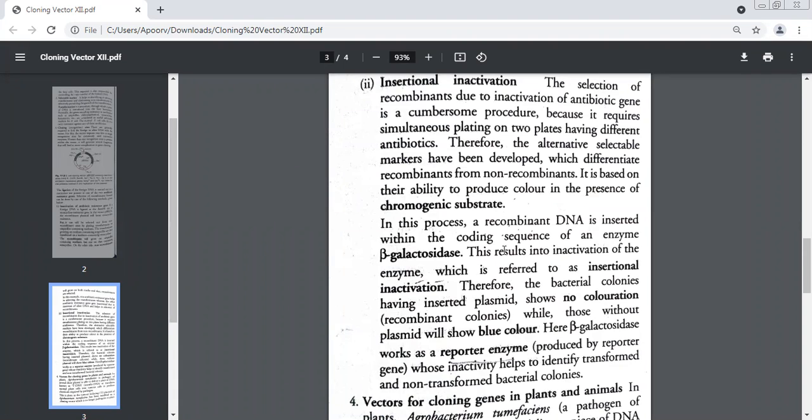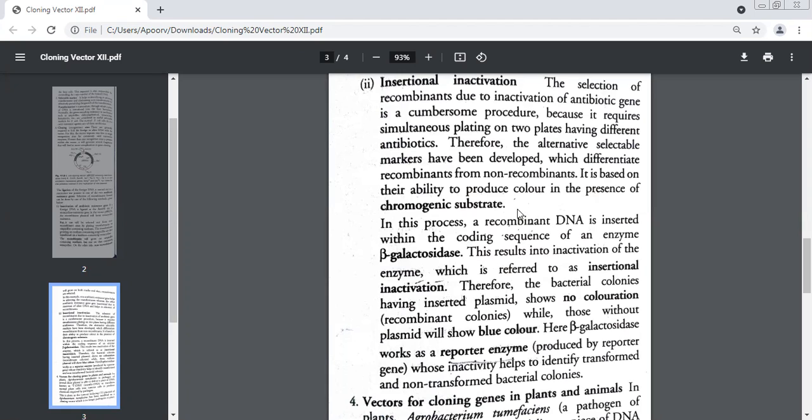So we have taken a foreign DNA and we have attached it to this enzyme. So this enzyme will become inactive. As soon as you attach a recombinant DNA to this enzyme, the coding sequence of this enzyme becomes inactive. That is, inactivation of the enzyme takes place.